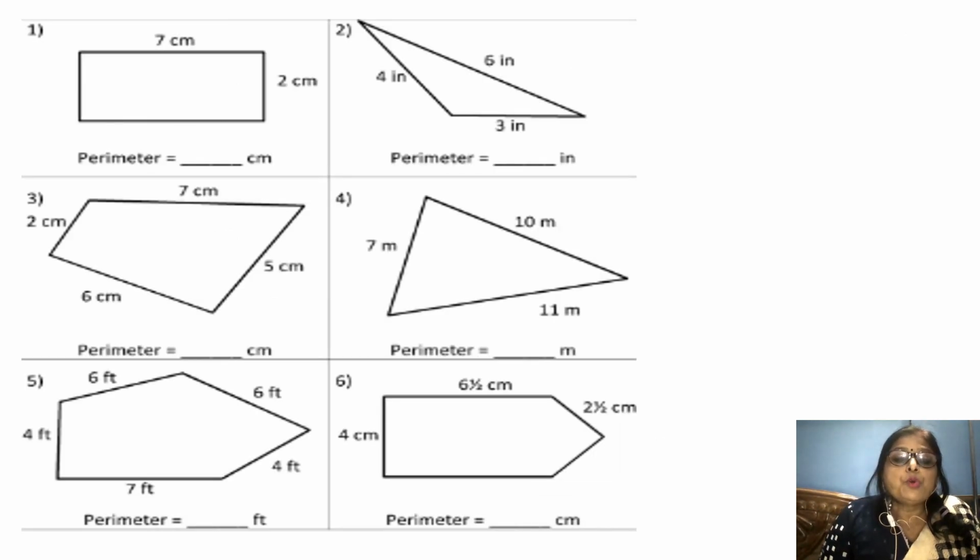Once again, so many figures are given here with the measurements, and you have to calculate the perimeter of each and every figure. So all of you will draw these figures in your copy with the help of a scale, then write down the measurement of each side, then calculate the perimeter.